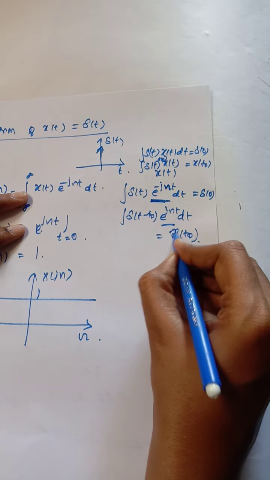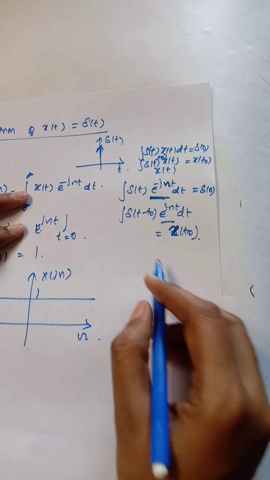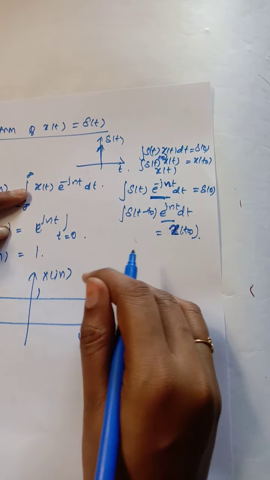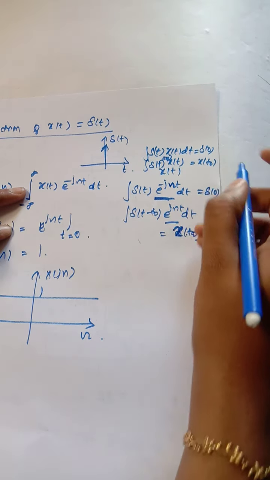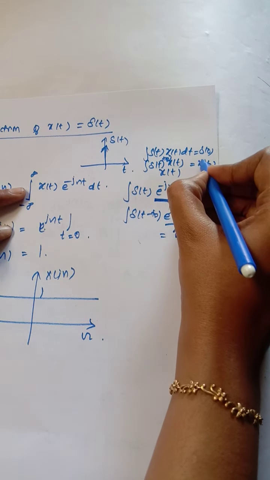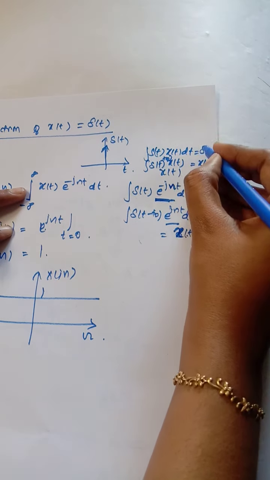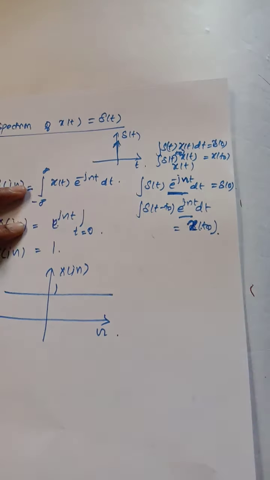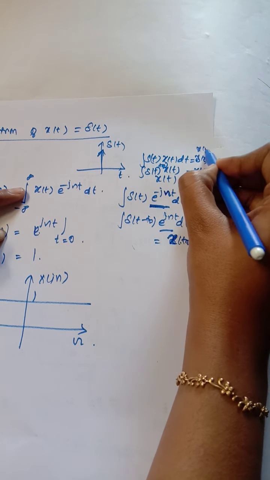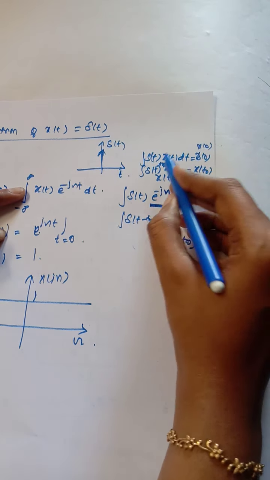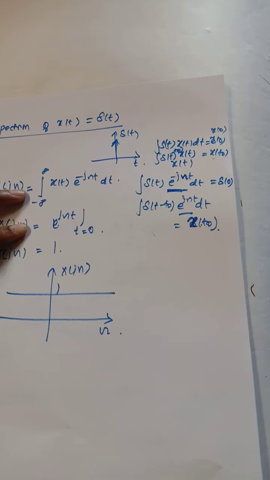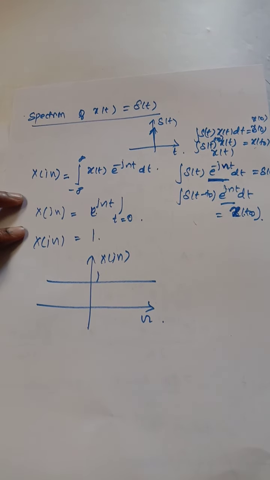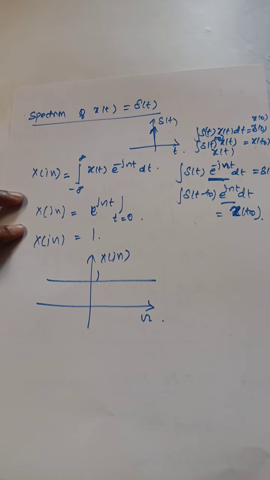The same concept we are going to apply here. So for your understanding, you will have x of 0 in place of x of t naught. Okay, so this is your output signal for an impulse signal.